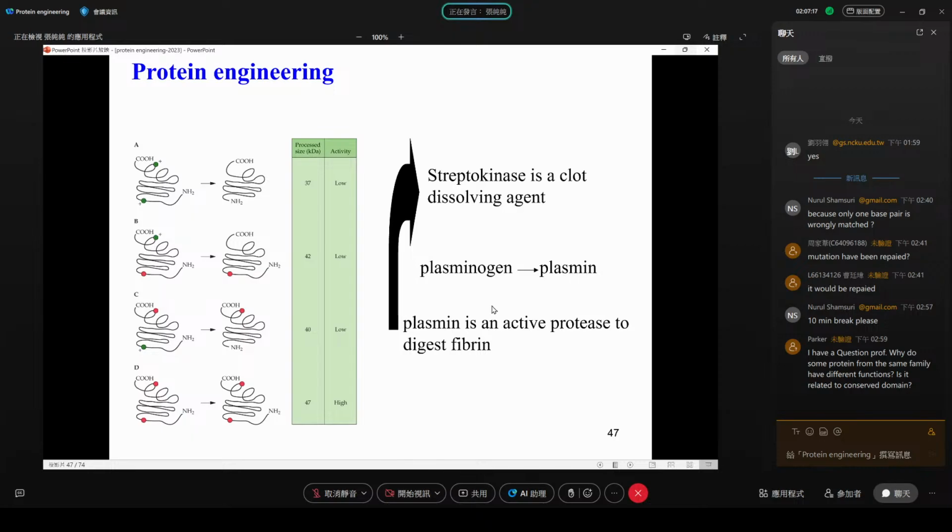So when you use this new version of streptokinase, you can cure the patient, and you don't have to worry that after you inject this streptokinase into the patient as a blood thinner, it will become useless very quickly.